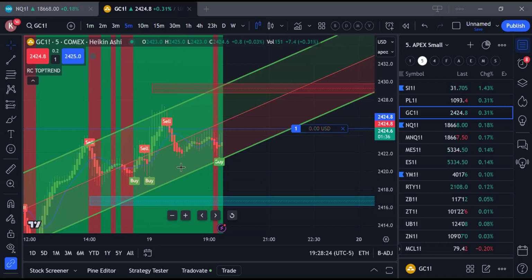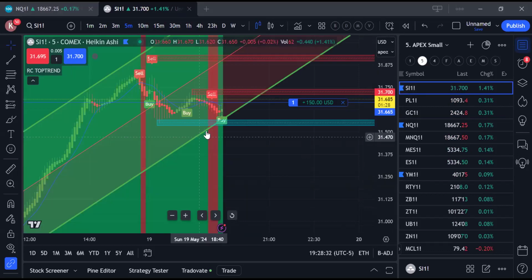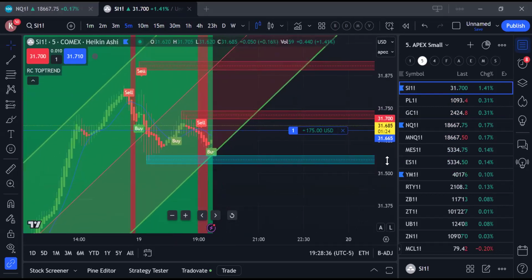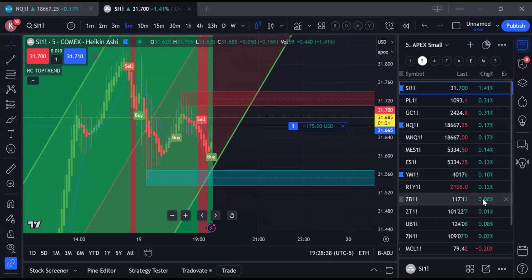Once, first I want to explain to you about the indicators, and then I want to provide the access to the existing members. So already, right, this made $175.